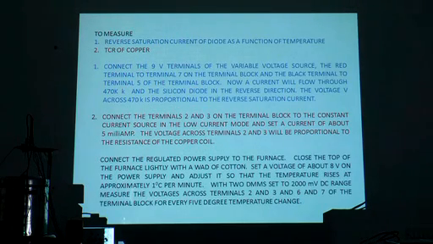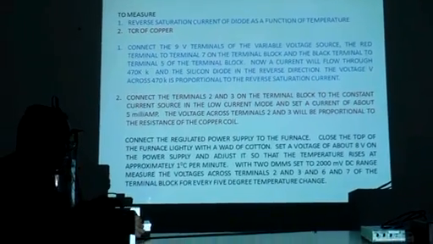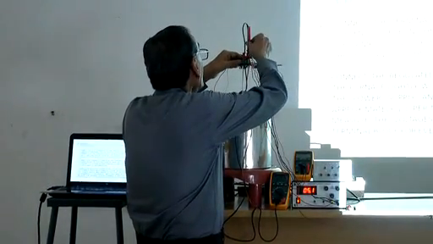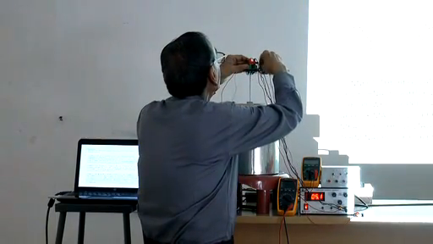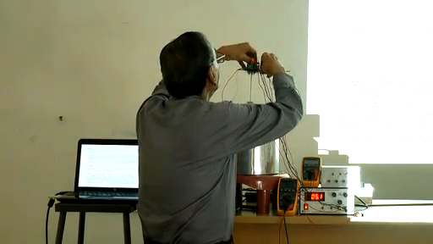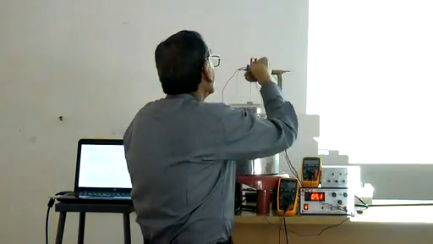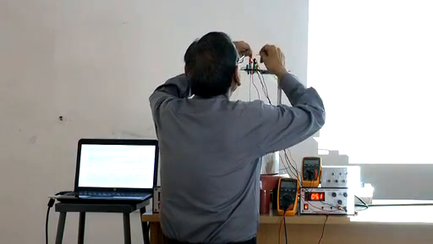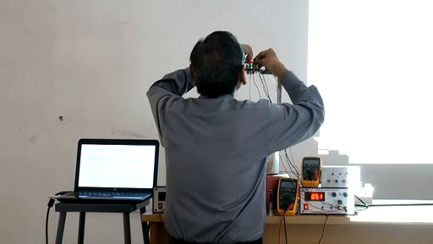Then, for the reverse saturation current, I now switch off the variable voltage, I switch on the 9 volt, I remove the connections from 4 and 6, and connect them. 4 must now be connected to terminal 7.